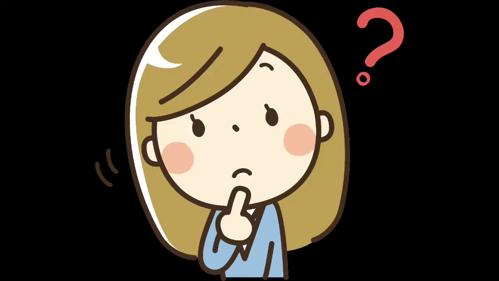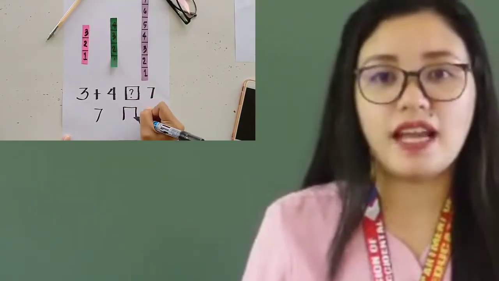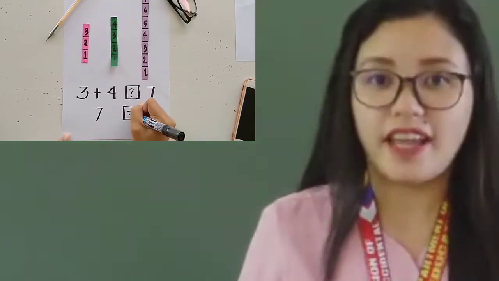What do you think is the reason why we were not able to construct a triangle using the first and second set of paper strips? To answer, compare the sum of the two shorter lengths with the longest length.